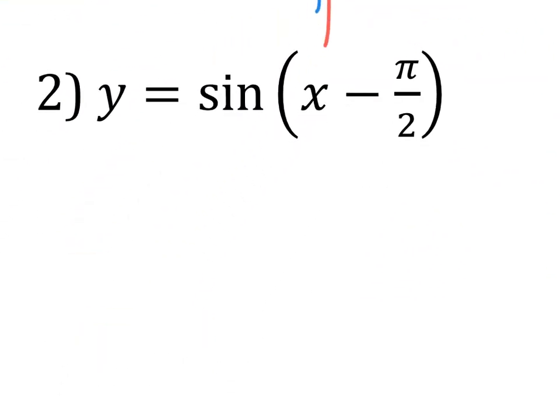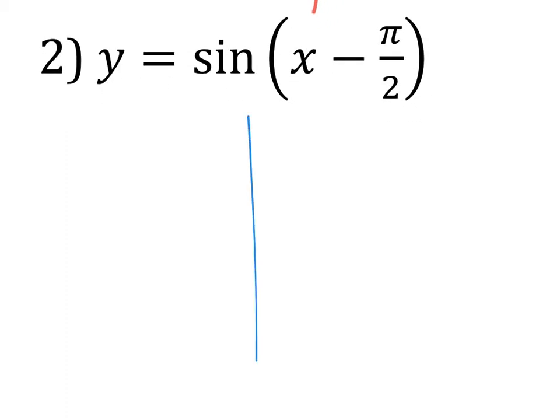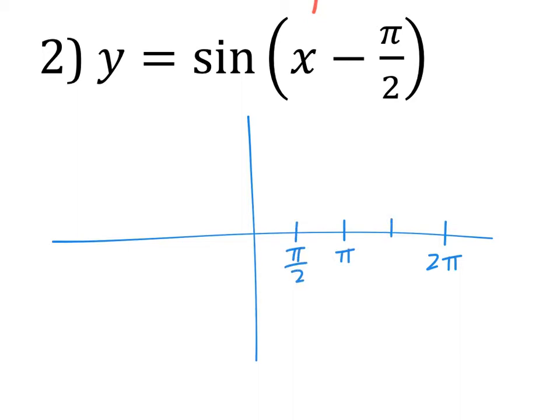This one. Okay, so the parent function is sine. What is the transformation? Right, pi over 2. All right, so let's go ahead and, this is my normal axis. Since we're gonna move left and right, we need to put some axis points or labels down so we can move it correctly.